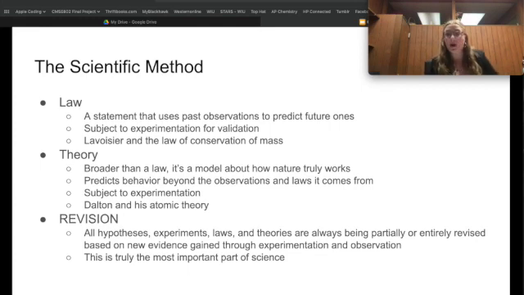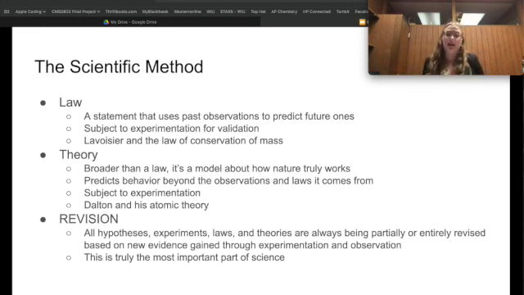So that's what he came up with, and we call that the law of conservation of mass, because I can predict that in every chemical reaction I do, this law will hold true. And nobody's found any data to prove this false. So that is the law of conservation of mass. So once we've kind of settled on something and we've proven that hypothesis, we can't prove it wrong, we can settle it into kind of a scientific law.